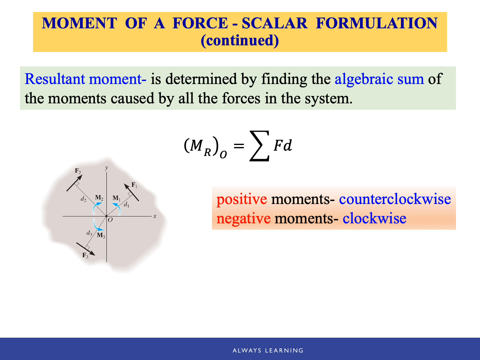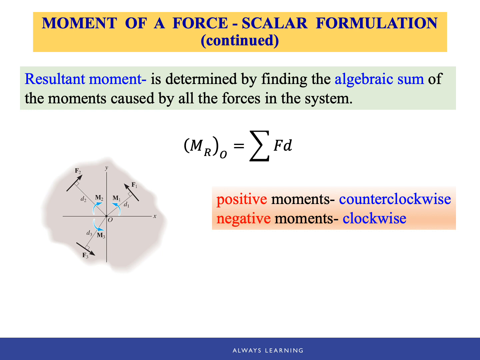Counterclockwise rotation will be positive, or a moment that causes counterclockwise rotation will be a positive moment, and clockwise rotation will be a negative moment. And we rewrite this principle of moments. The resultant moment is determined by finding the algebraic sum of the moments caused by all the forces in the system.